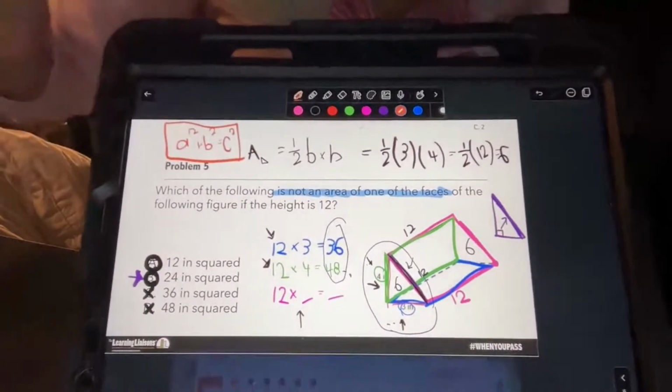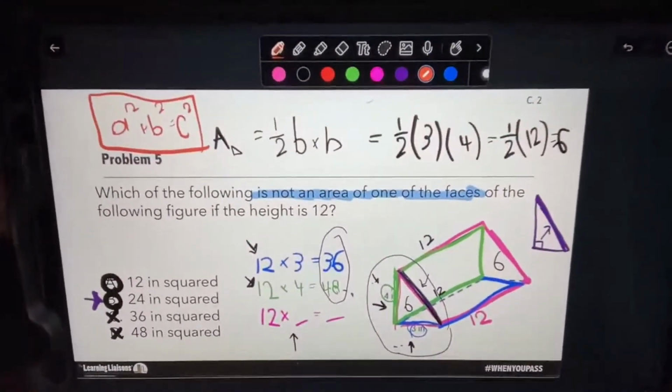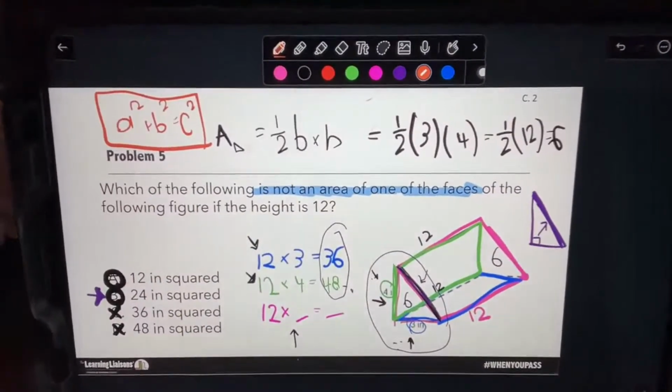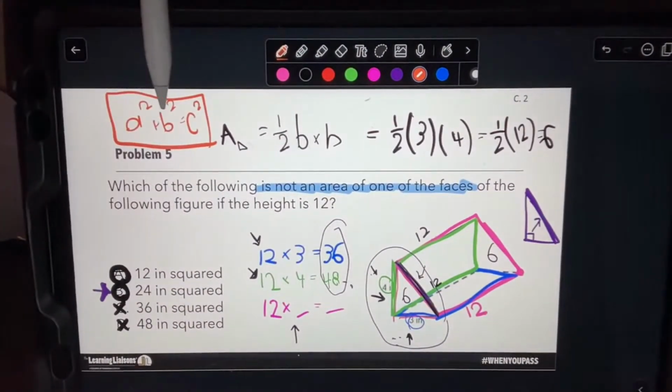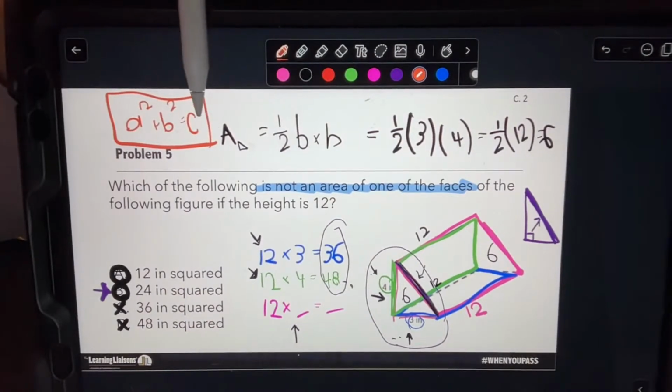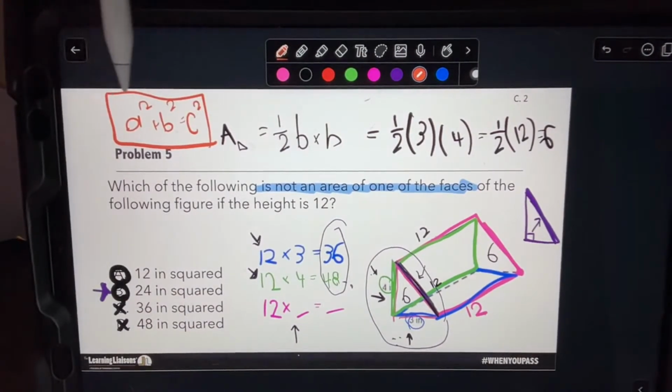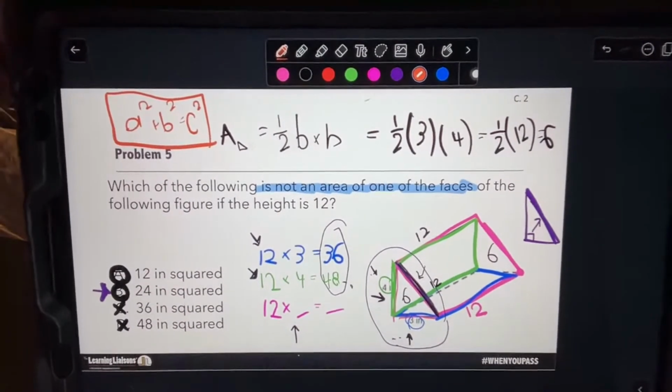This is known as the Pythagorean theorem. The Pythagorean theorem says that in a right triangle, A and B are the lengths of your sides, and C is the length of your hypotenuse. So if I'm looking for a missing side, I can plug it in and figure it out.